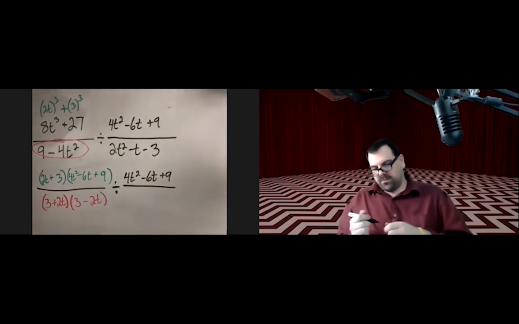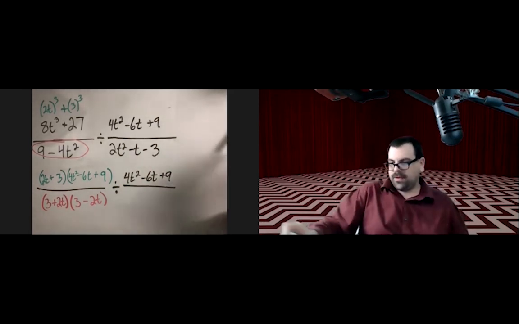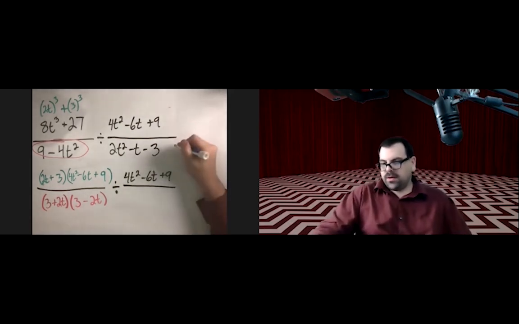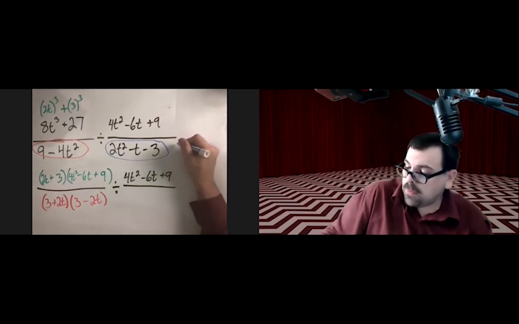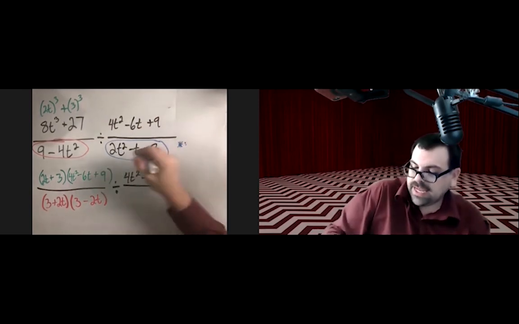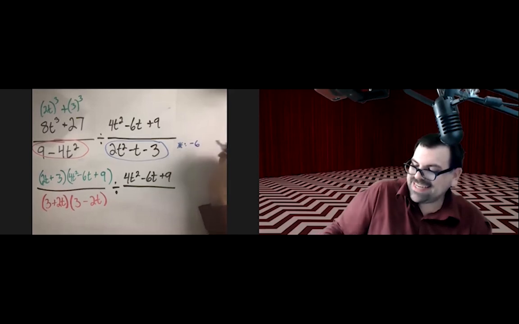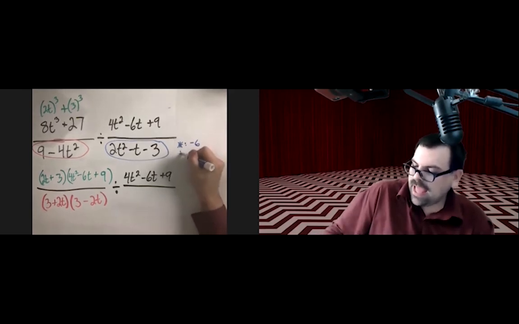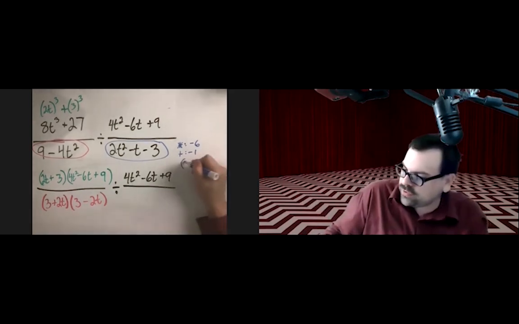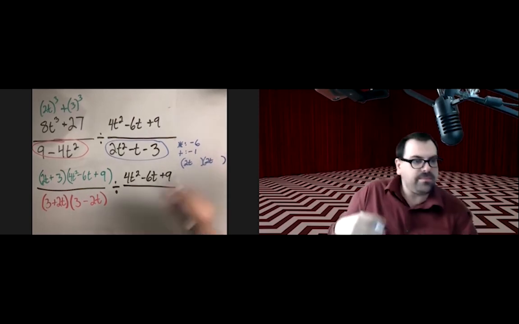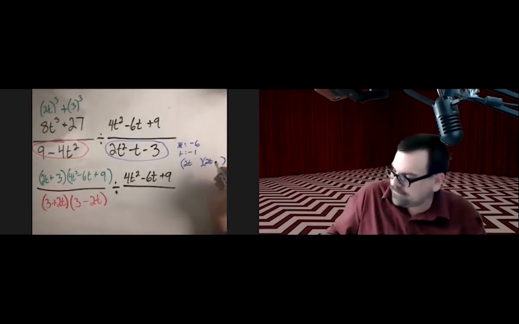But bottom right, here we want numbers that multiply to a times c, multiply to -6, add to -1. We'll put those numbers in a 2t times 2t. We use the airplane method, do our corrective step.